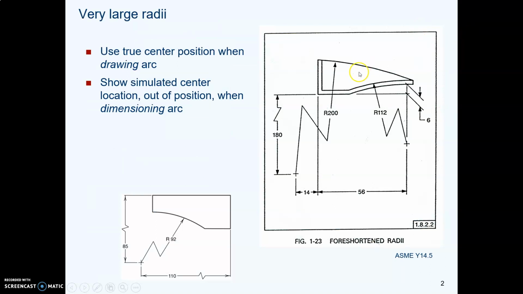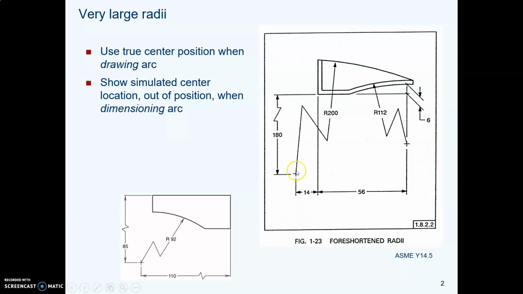When you have a really big radius, you draw the radius to scale with the center point where it's supposed to be, but then when you dimension the arc, you use a zigzag shape in your leader line and a zigzag shape in your dimension, which locates the center point.